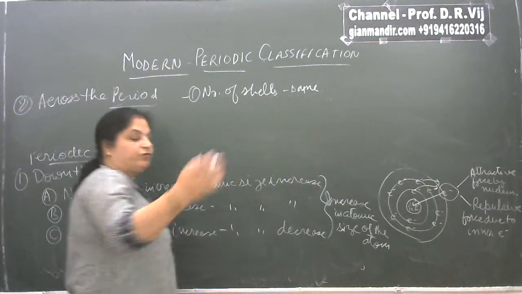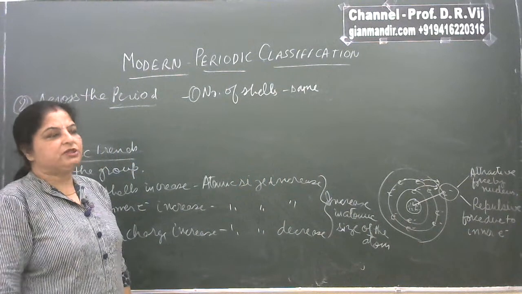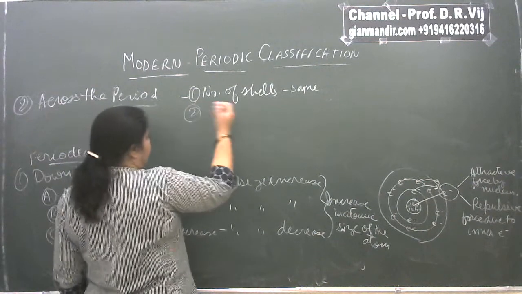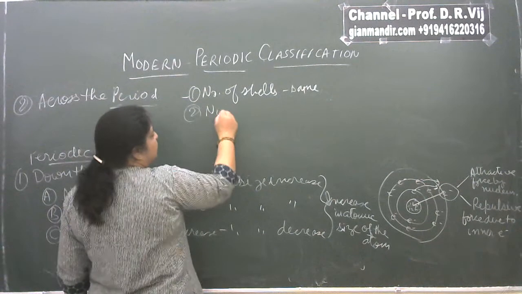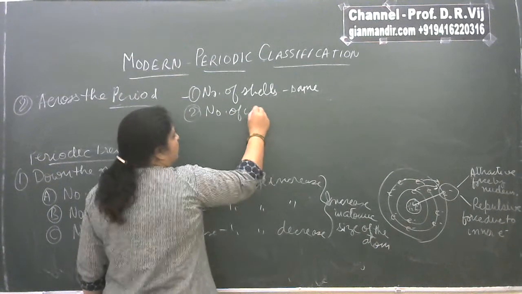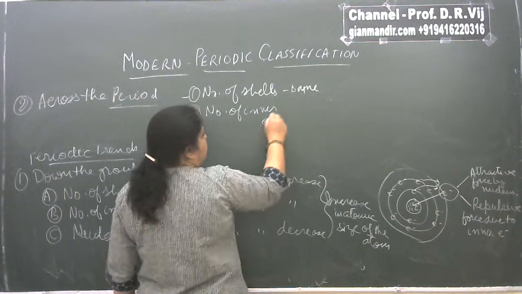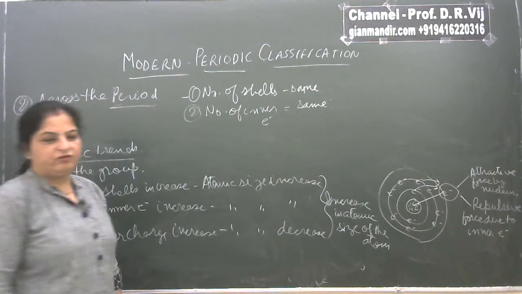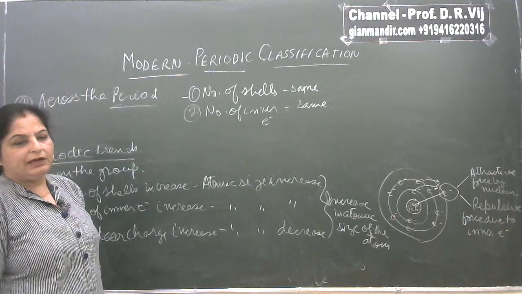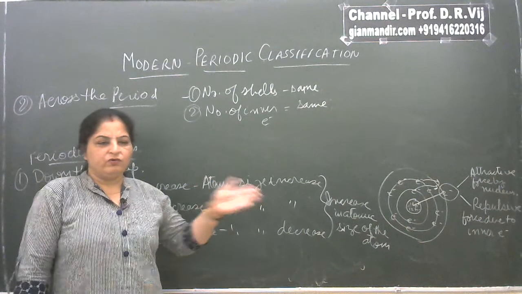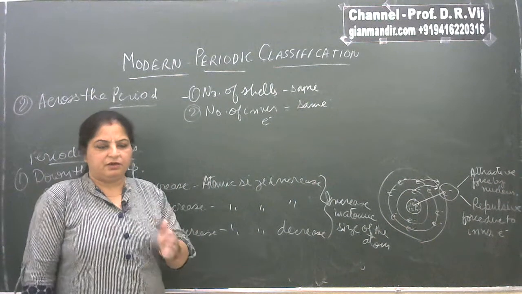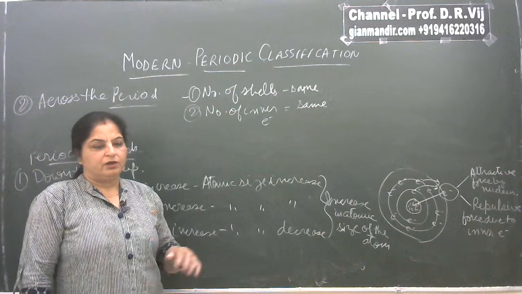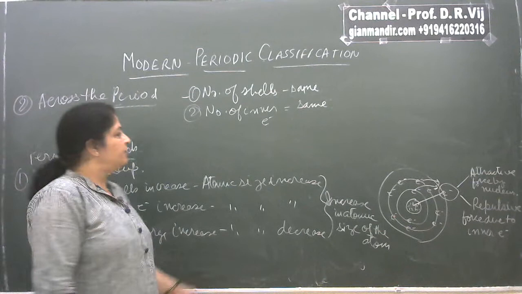If we move from left to right in the period, the number of shells in the atoms remain same. If we look at the number of inner electrons, that also remains same. There is no change in number of inner electrons, because in a period when we move from left to right, one by one electrons are added, but these electrons are added in the same shell. No new shell is introduced here.